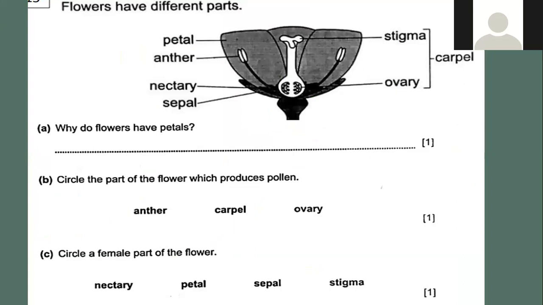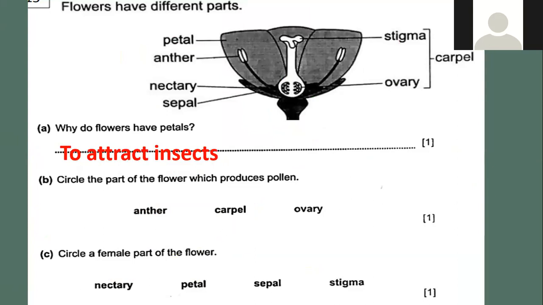Number one, flowers have different parts. Here we have petal, anther, nectary, sepal, and stigma, ovary, which is the carpel. A, why do flowers have petals? Why do you think flowers have petals? To attract insects.